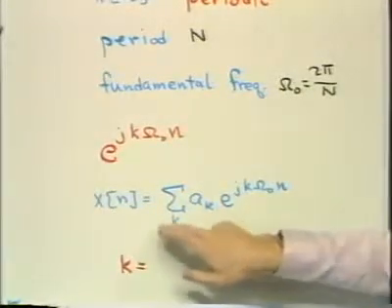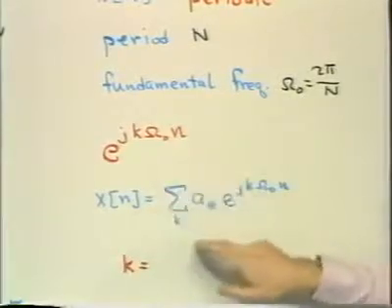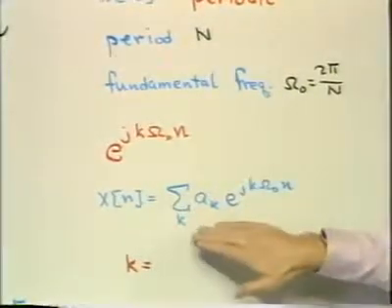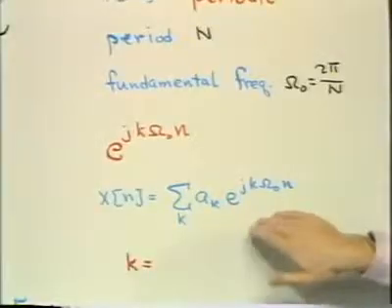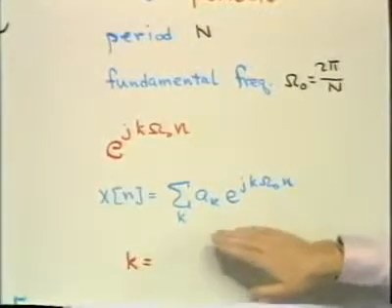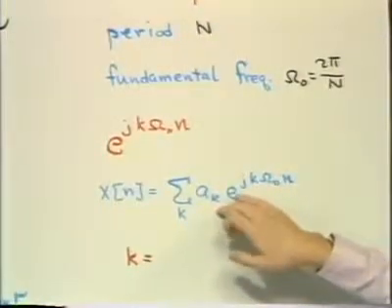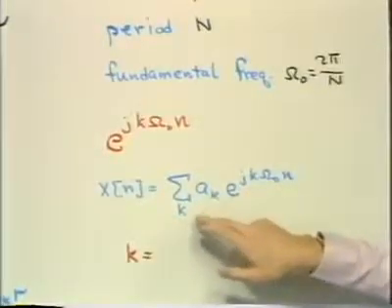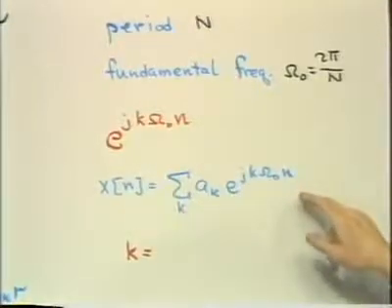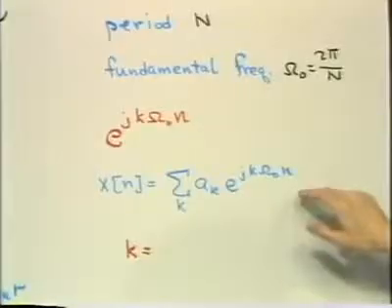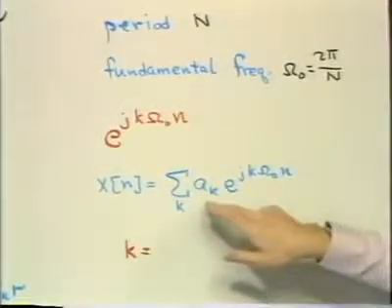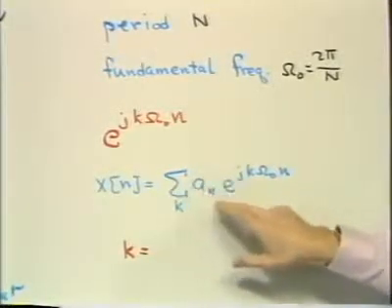And of course, this is a periodic signal, as can be verified in a straightforward way by substitution. One of the things that we'll want to address shortly is how broad a class of signals can be represented by this sum. And another question, obviously, will be, how do we determine the coefficients a sub k?